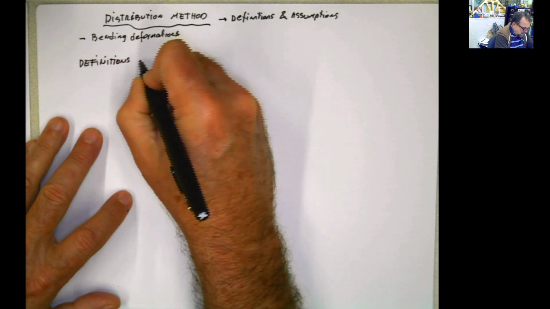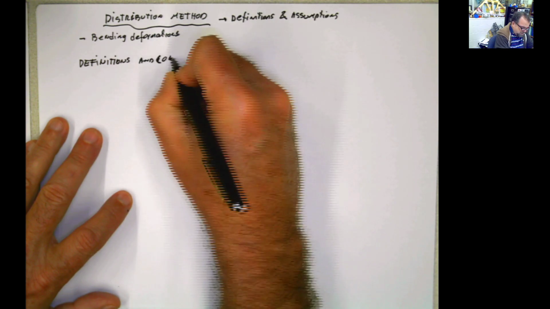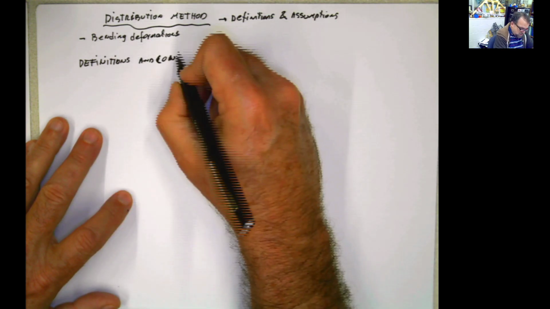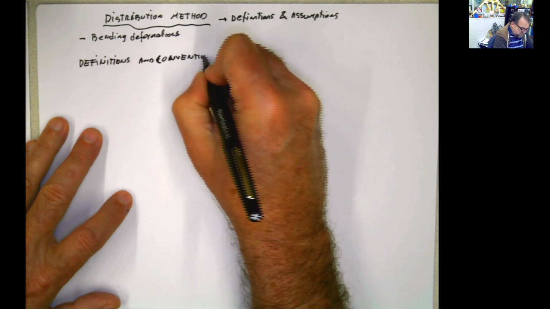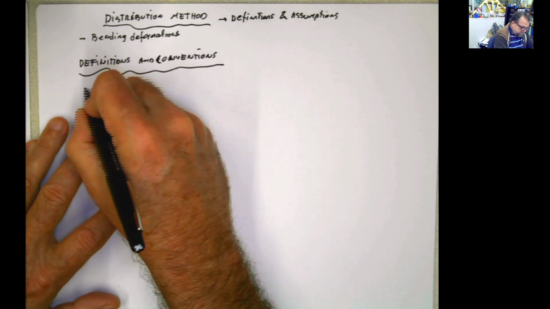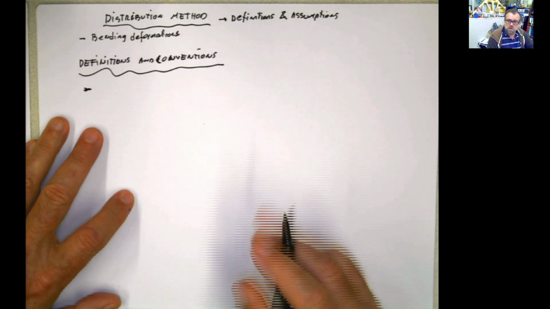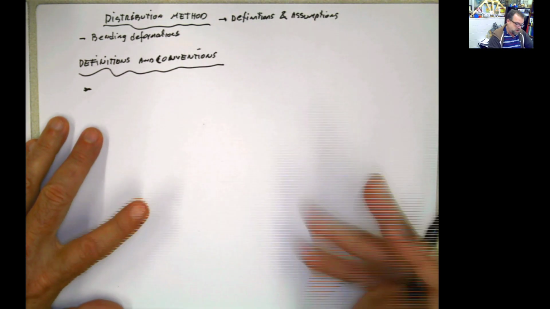Definitions and assumptions, conventions. Let's say conventions first, and then we're going to go about the assumptions later. Conventions. Okay, nice. First, depending on the textbook that you are using, these definitions and conventions, the conventions especially, change.